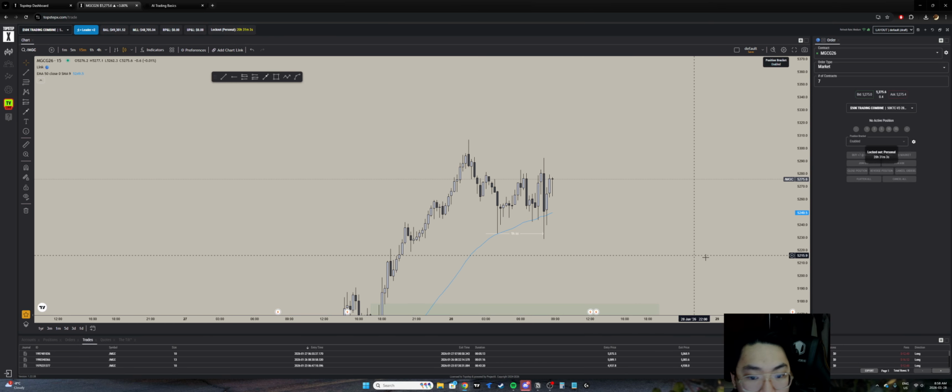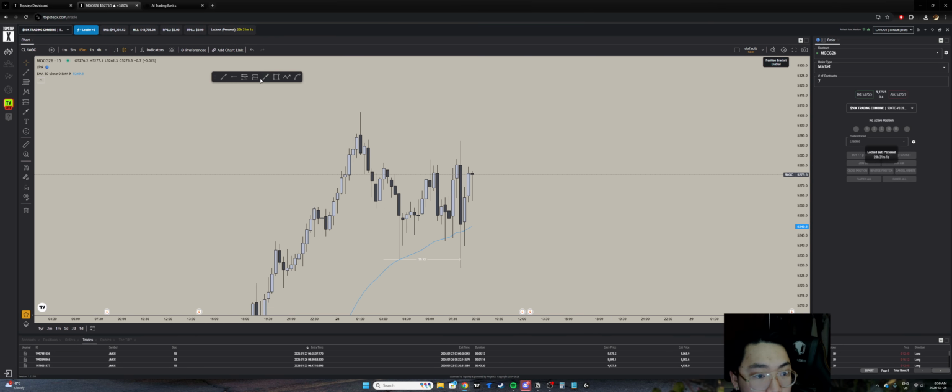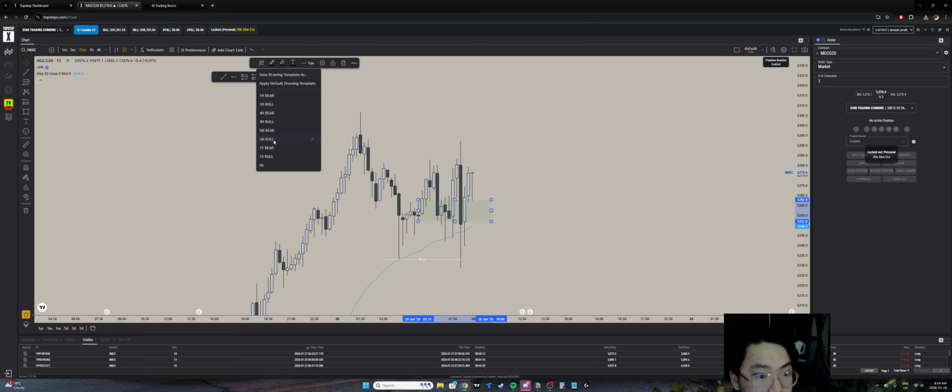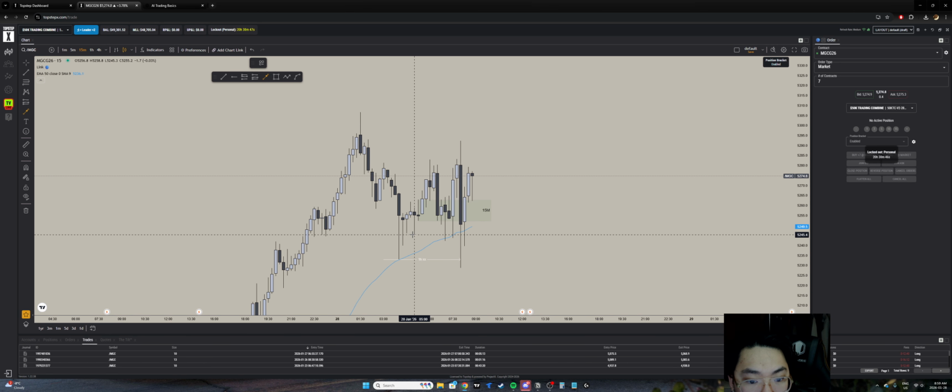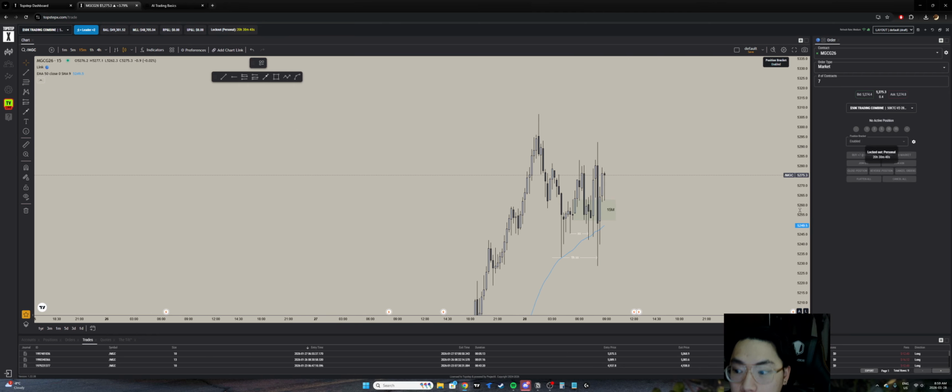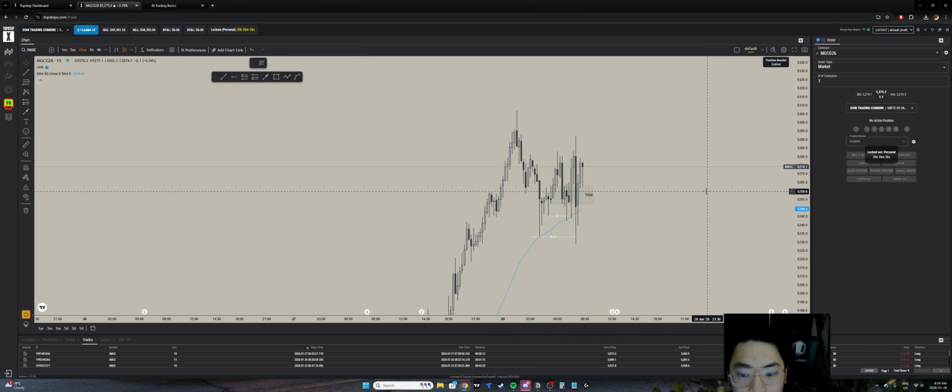I did look at the 15 to see what we were looking at, and we were playing off of this order block right here. And we did grab some liquidity from the 15 as well. The reason why I didn't like this setup is because I thought the higher time frame confluences were a little bit weak.